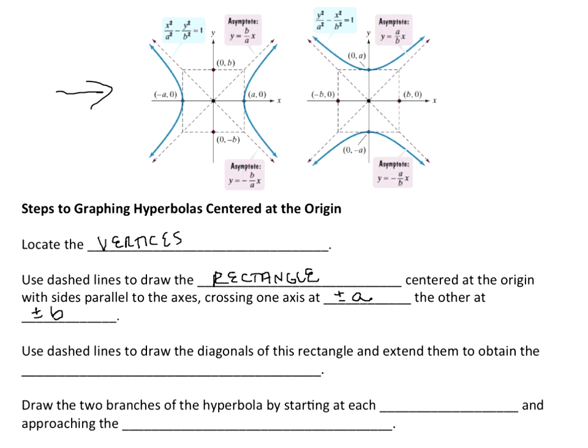So if you look here, this is that rectangle I was talking about earlier. We have these parallel sides going through the vertices, and then the parallel sides going through, if we had an ellipse, what would be our endpoint? That sort of centers us up to begin drawing or graphing our hyperbola.